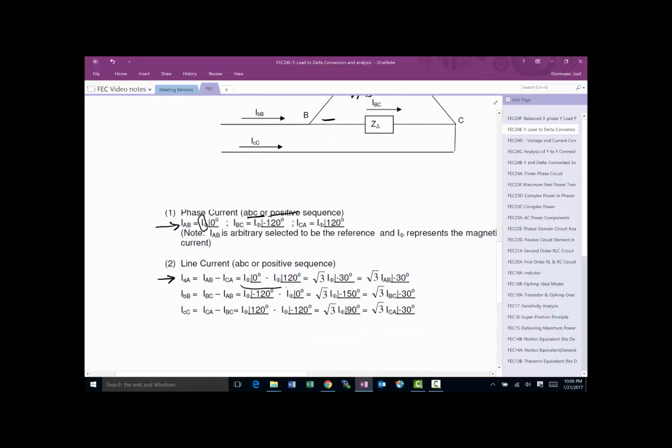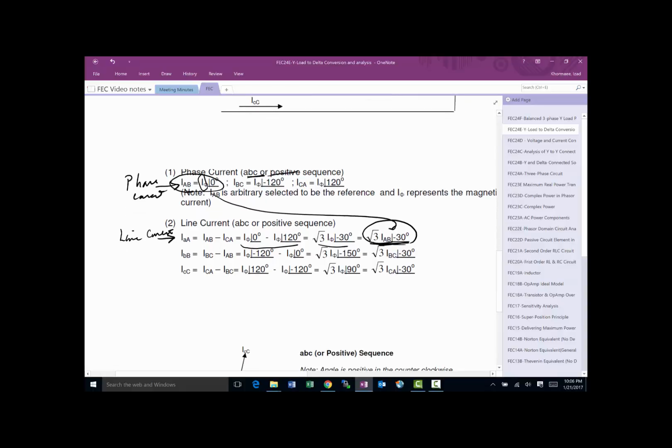We apply the equation and do some trig, and we'll end up with this equation. So this is great, because now I can take my phase current, shift it by 30 degrees and multiply it by square root of 3 and get my line current. So I'm going from my phase current to line current here. And you do the same thing for all the other ones.